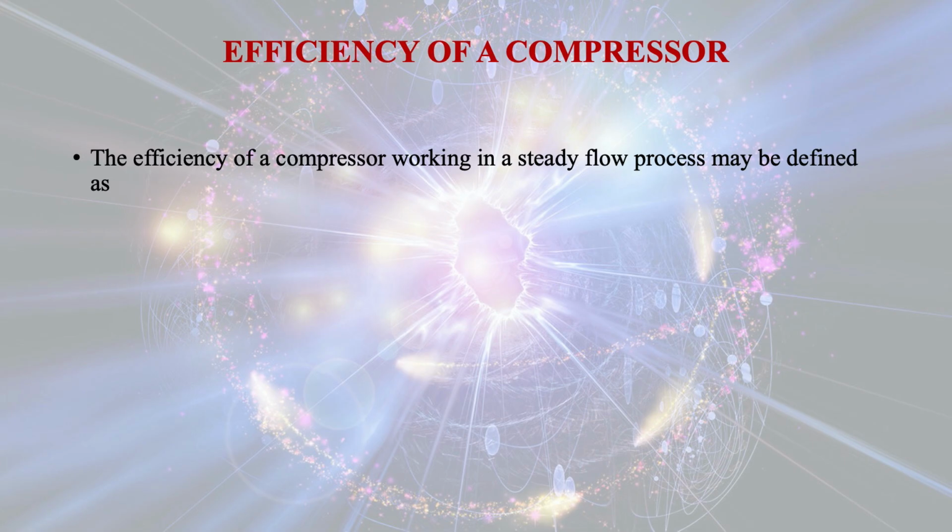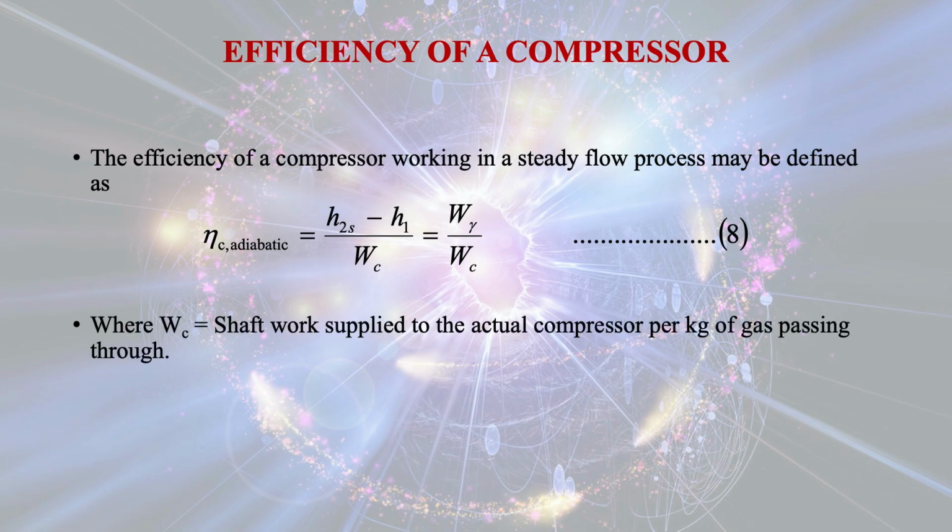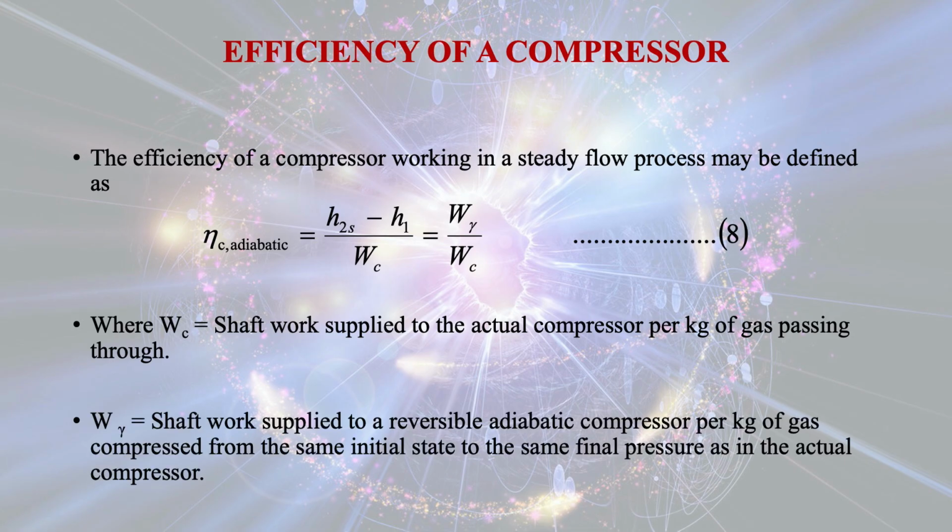The efficiency of a compressor working in a steady flow process may be defined as eta C adiabatic is equal to (H2S minus H1) divided by WC, or equal to W gamma by WC, where WC is the shaft work supplied to the actual compressor per kg of gas passing through, and W gamma is the shaft work supplied to a reversible adiabatic compressor per kg of gas compressed from the same initial state to the same final pressure as in the actual compression.